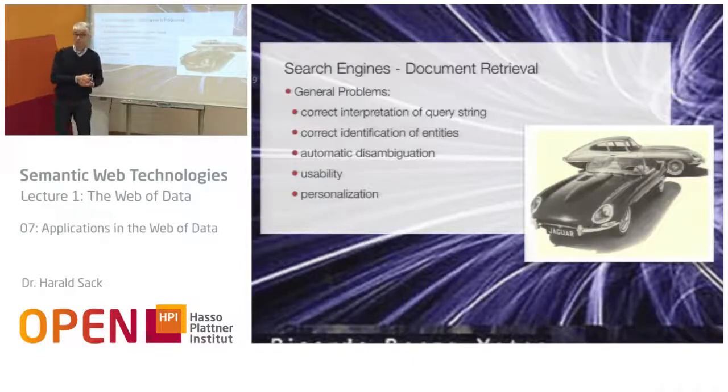Does he mean cats or something like that? And of course, all the entities that are connected to the terms in the natural language query string have to be correctly identified. So this mapping between terms and identities is also difficult and mostly error prone. So what you need is some kind of automatic disambiguation.